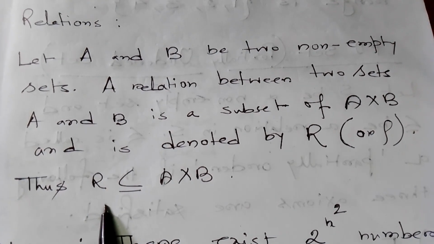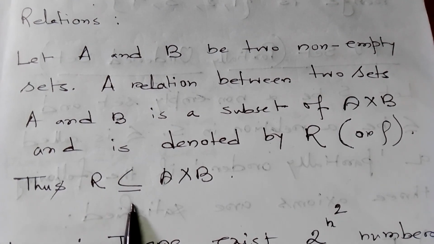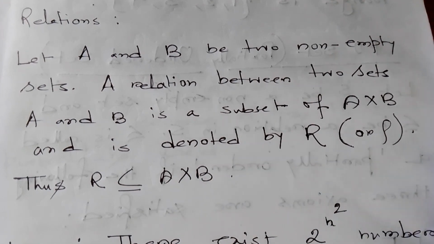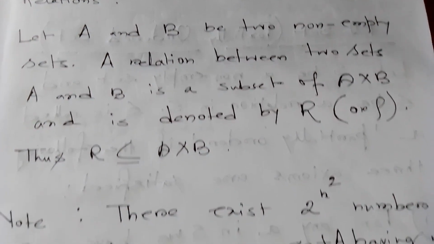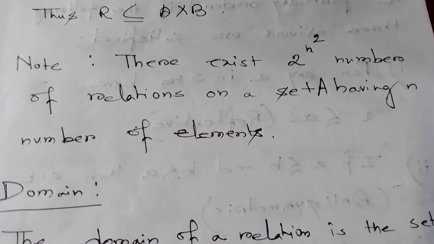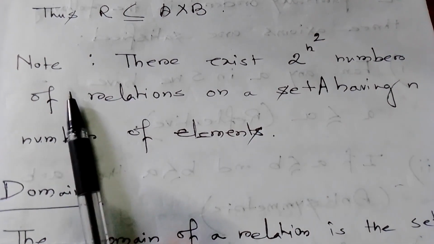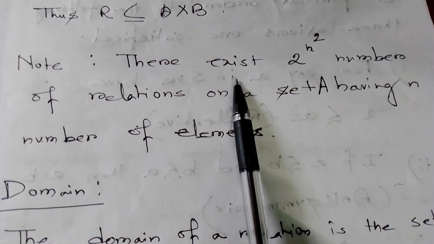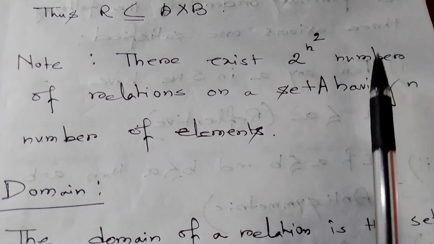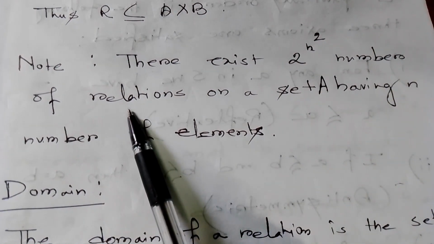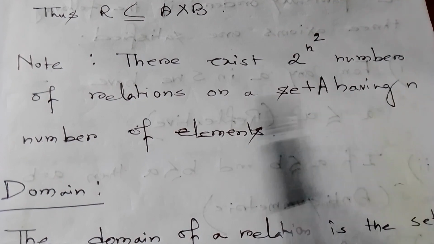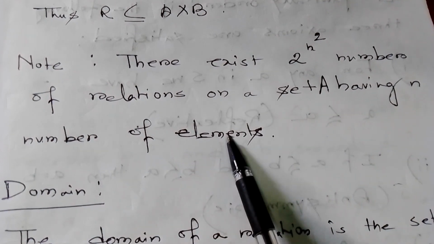Thus, R is a subset of A times B. And there exist 2 to the power n squared relations on a set A having n number of elements.